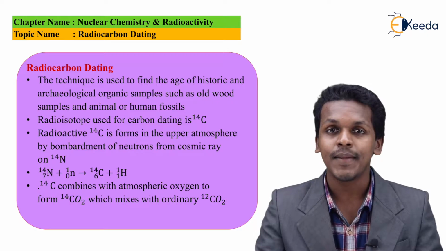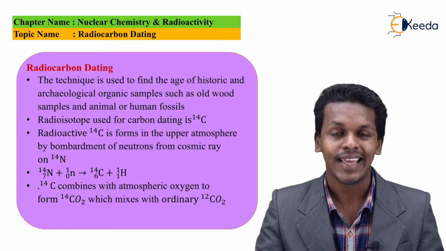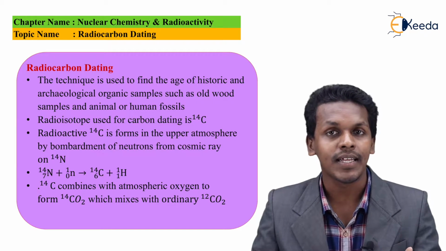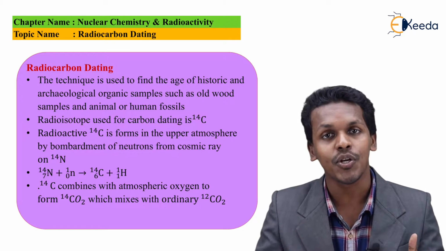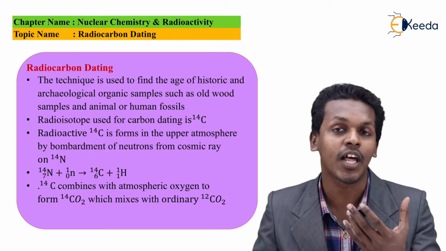So how? Most organic matter, or most objects, are made up of carbon. Whenever a plant absorbs carbon dioxide, there is a mixture of carbon isotopes in the form of carbon 12 and carbon 14.